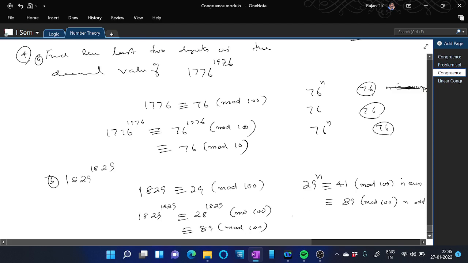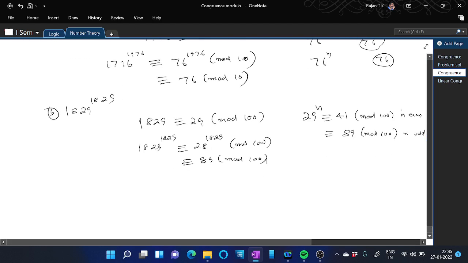Therefore the last two digits in the decimal value of 1829 raised to 1829 are 89.